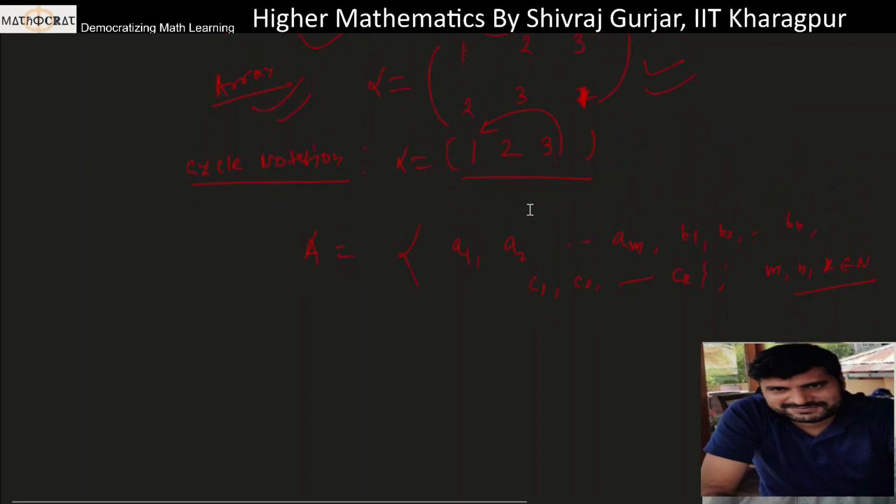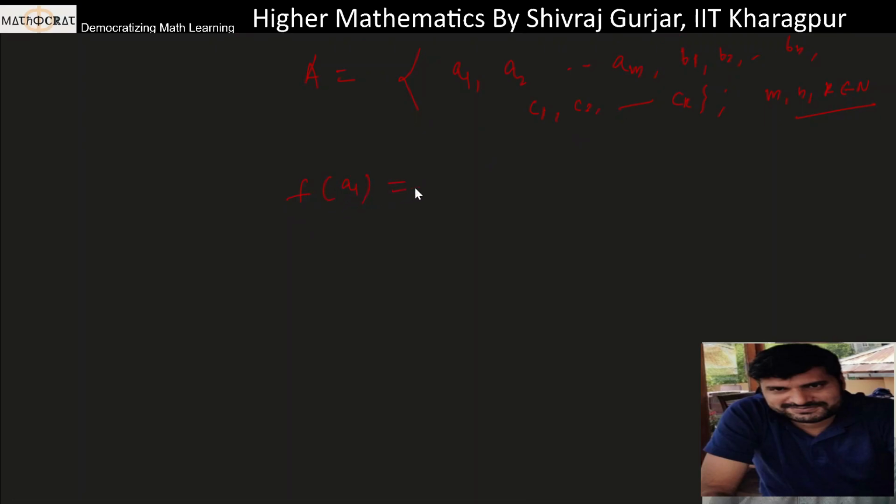Okay, now suppose we define mappings on this. Let F of A1 give A2, and F of A2 let's say gives us A3. F of A2 can also be written as F of F of A1, so this can be written as F square of A1. So this is A3. Similarly, if we talk about A4, that will be nothing but F of A3. Let's say we have arranged the cycle in this way, A1, A2, up to AM.